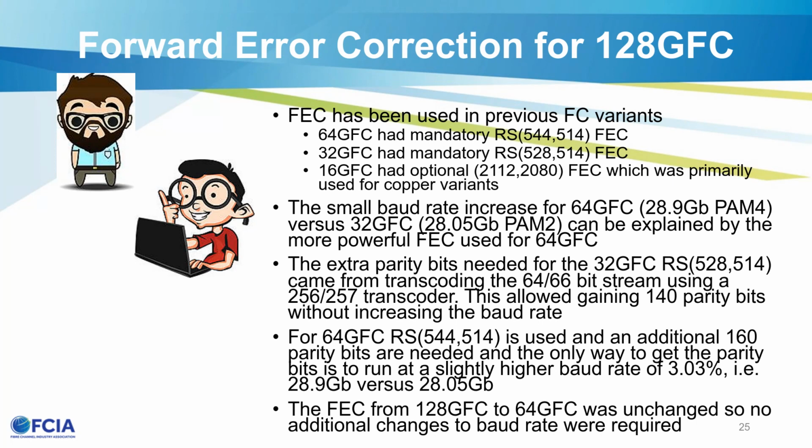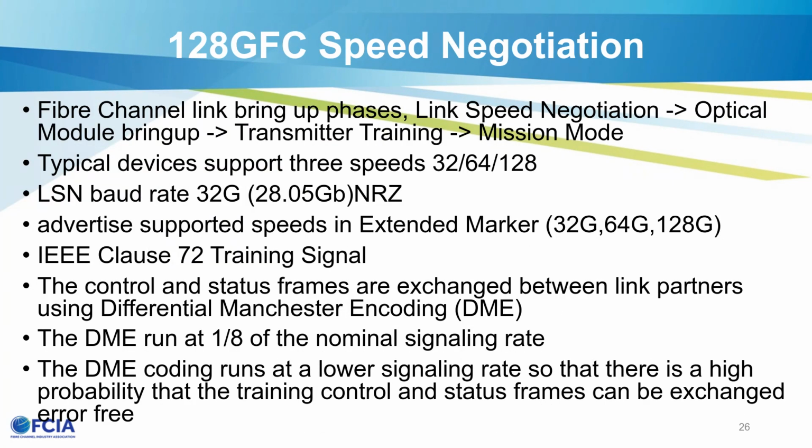So I think this is one of the highlights: the 128 GFC speed negotiation, 128 GFC transmit training, and actually mission mode. In Fibre Channel, one of the great things has always been that there is link speed negotiation and we're backward compatible. So it really is plug and play.